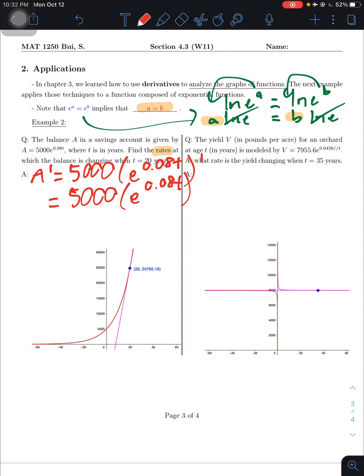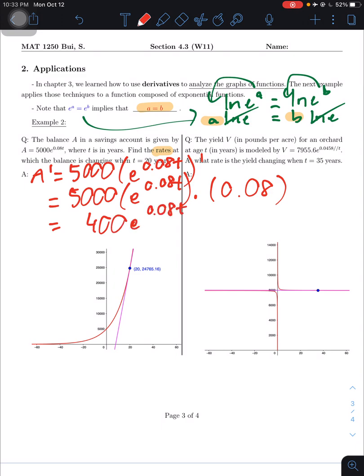On top of that, we have the chain rule, so I have to multiply by the derivative of the exponent, which is 0.08t, and the derivative of 0.08t equals 0.08. If you input everything into the calculator, we get 400 e to the 0.08t.